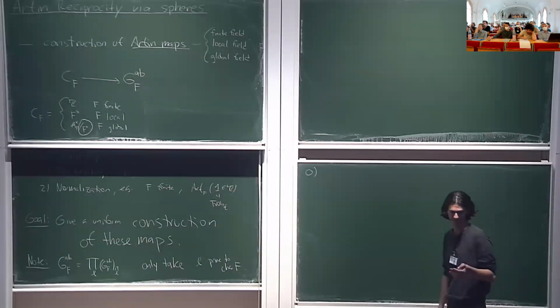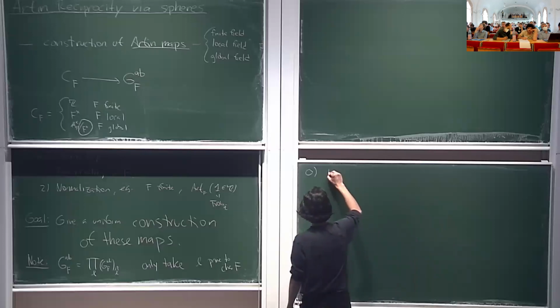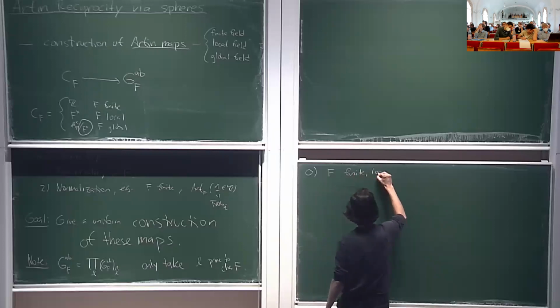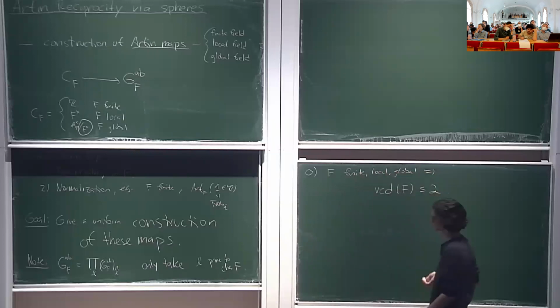It's a serious fact from number theory, which is that for any of these fields, F finite, local, or global, the virtual Galois cohomological dimension of F is less than or equal to 2.